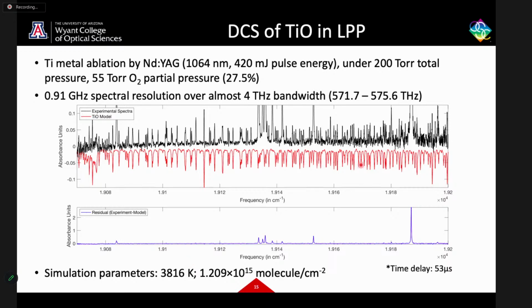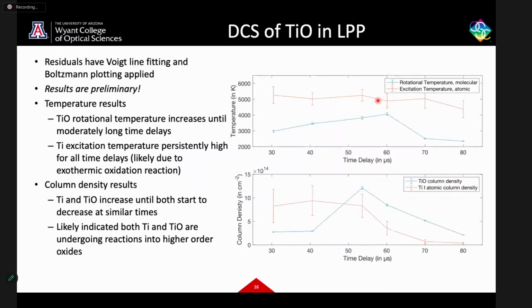So we're also able to not just use the oxide model, but also the residual to extract out these strong atomic lines that we can then use in our Boltzmann plot analysis to compare directly from the same measurement our rotational temperature associated with our titanium oxide and our excitation temperature from our titanium atomic lines.